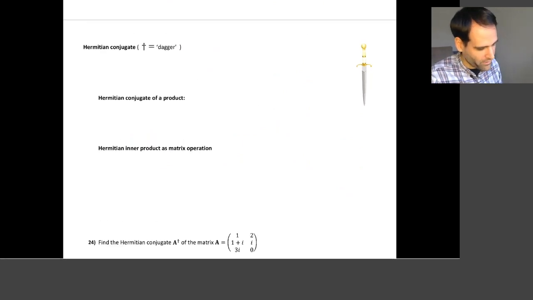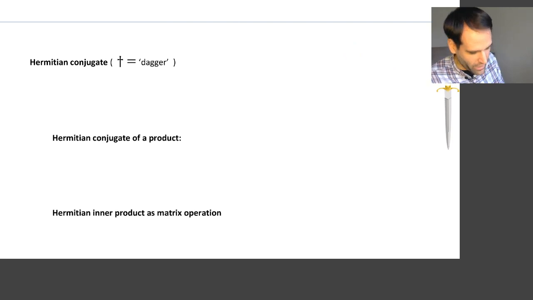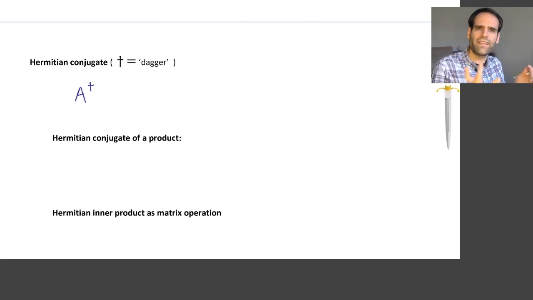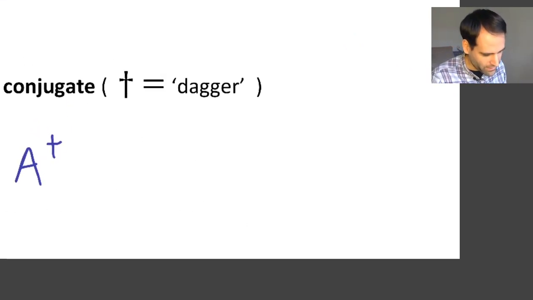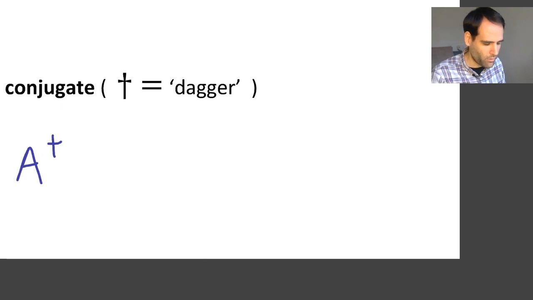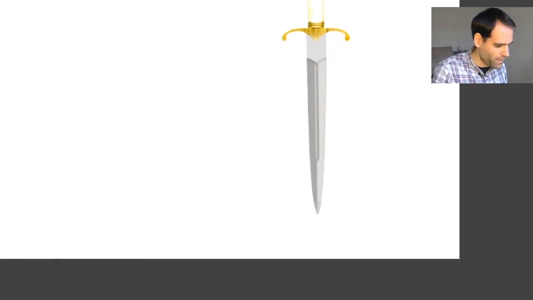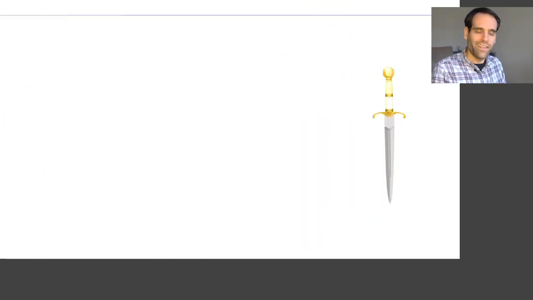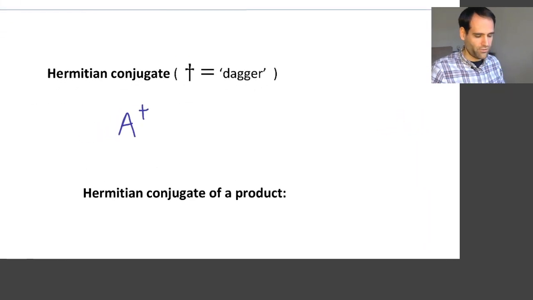So you have a matrix A. The Hermitian conjugate of this matrix is written as A dagger, as a superscript. Dagger is this symbol. It's called the dagger symbol because it resembles an actual dagger. So what does it mean? It's very simple.